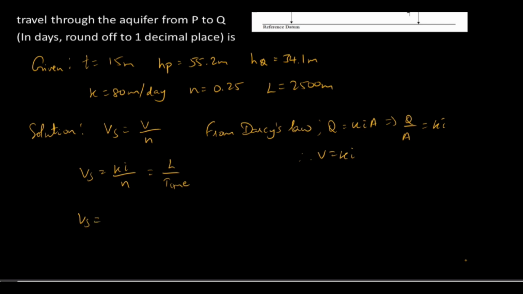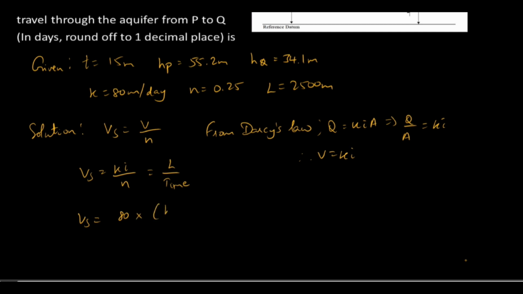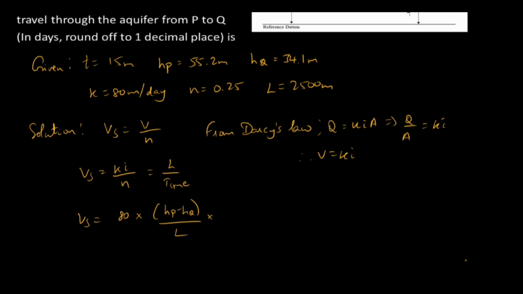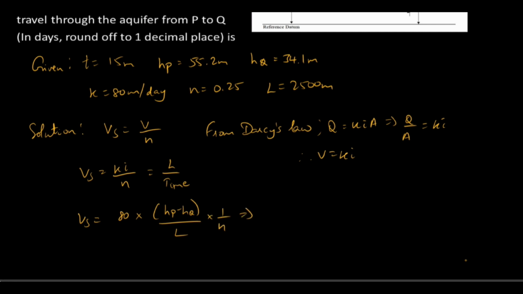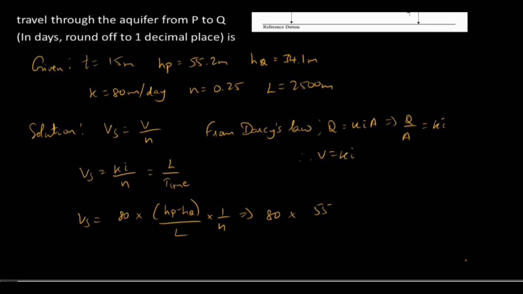So, Vs is equal to the value of K, 80, into I, which is equal to HP minus HQ divided by L, into 1 by N, which is 80 into 55.2 minus 34.1 divided by L 2500 into 1 by N 0.25, which is equal to 2500 divided by time.